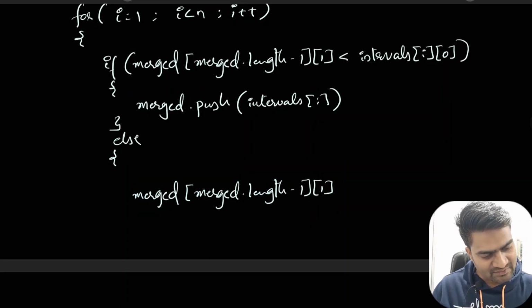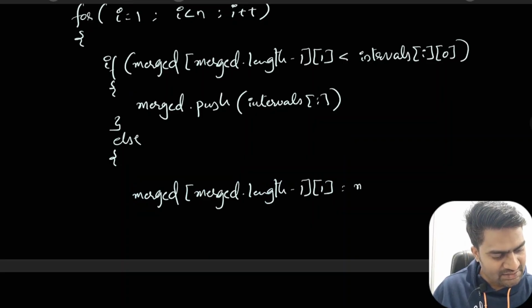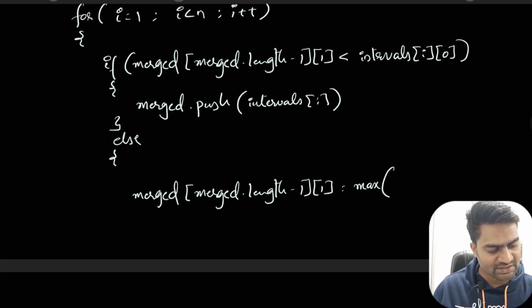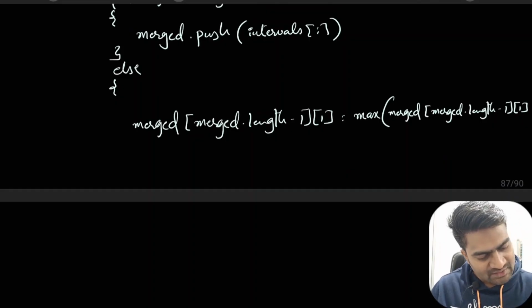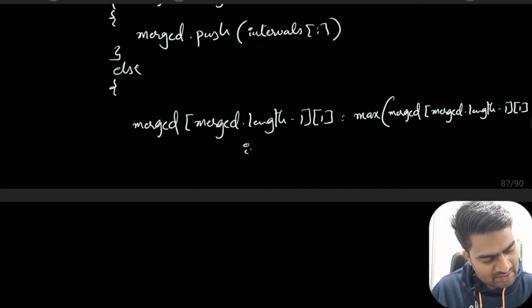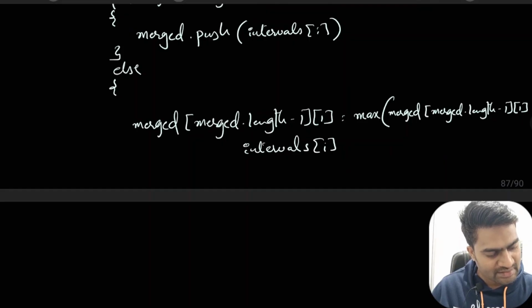Okay, so I will simply update the second value. This value will be max of that particular value, comma, intervals of i of 1.